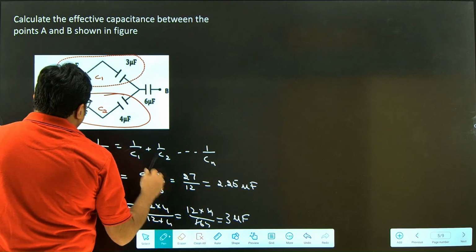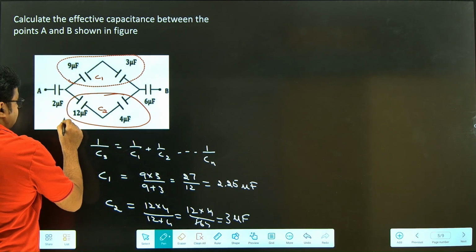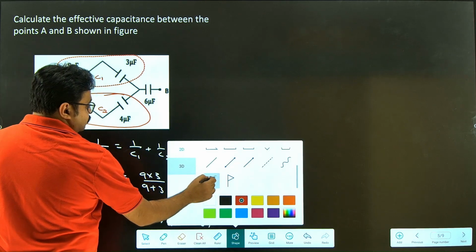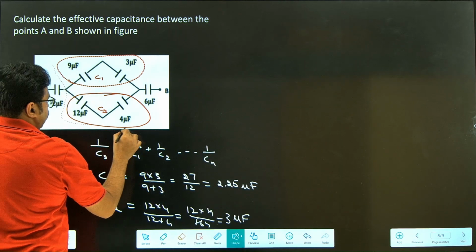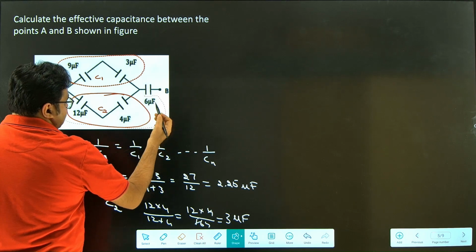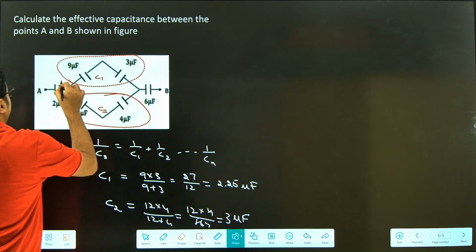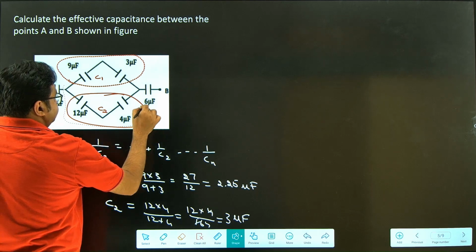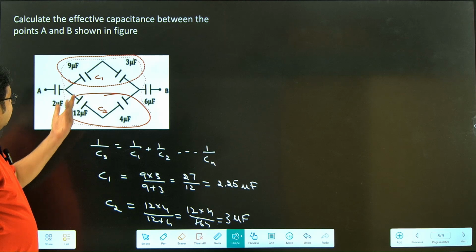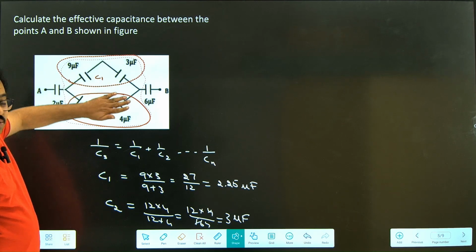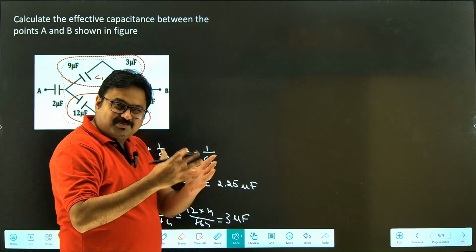So if you can think about this whole branch, not this one included, all of them combined, these two are now in parallel. When they are in parallel, the effective capacitance would simply get added up.